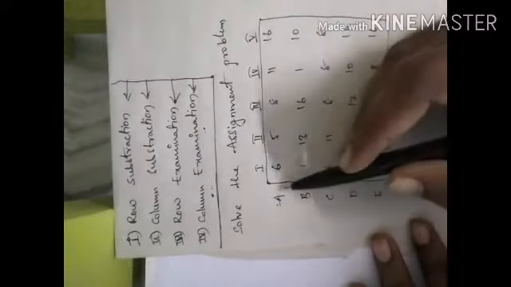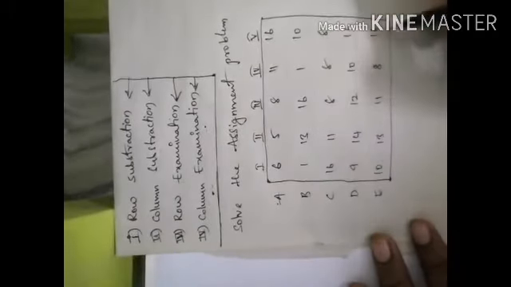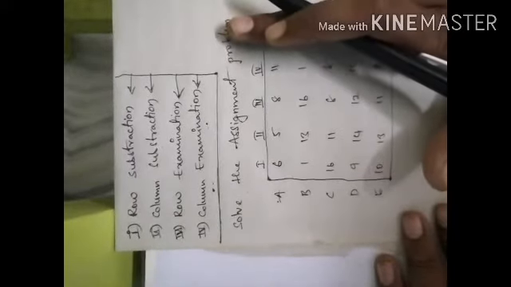So check here. There are 5 rows and 5 columns, so this is a balanced assignment problem. If it were not, say only 4 were there, this would be an unbalanced assignment problem.